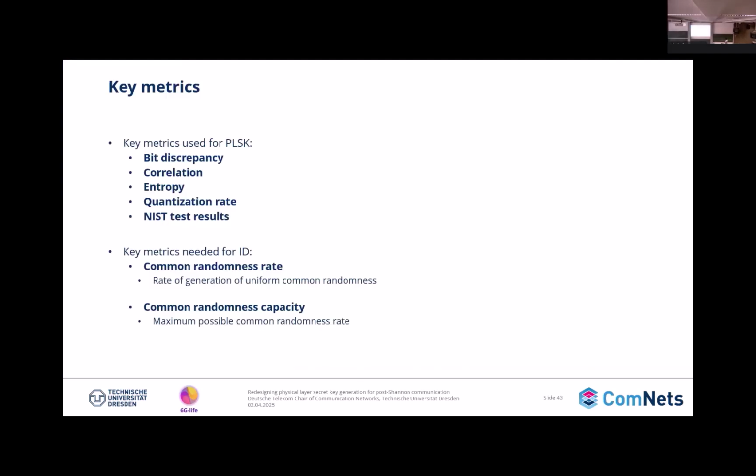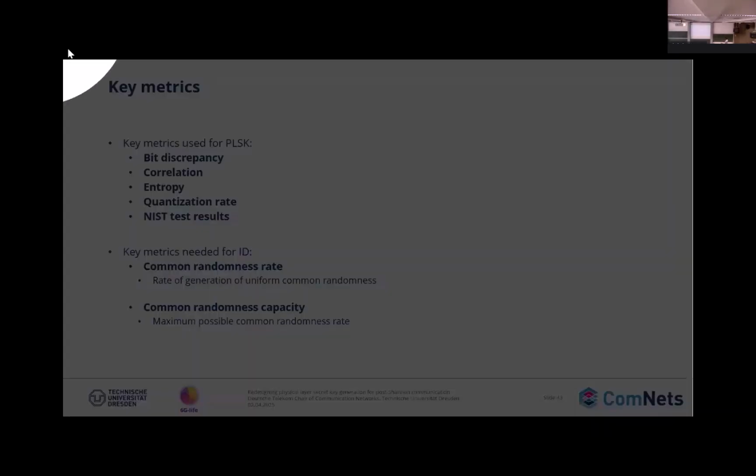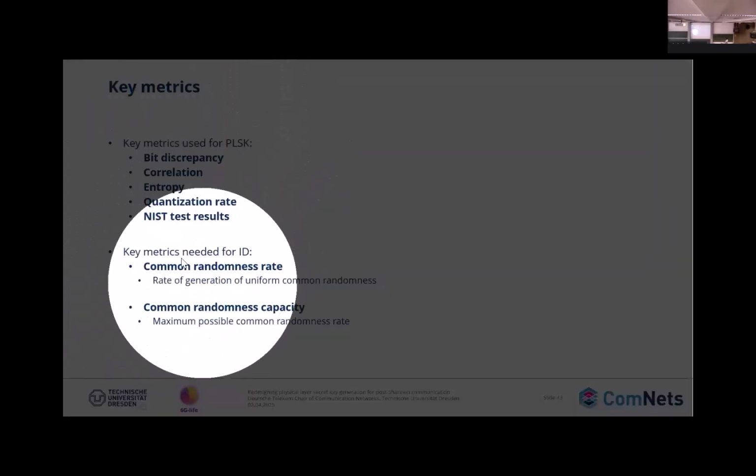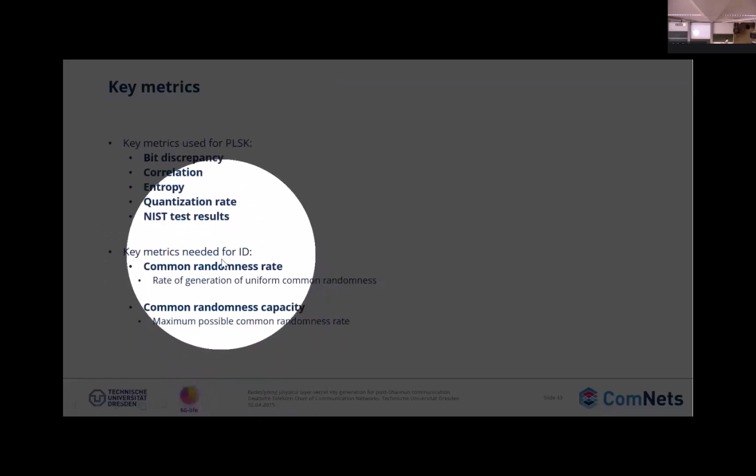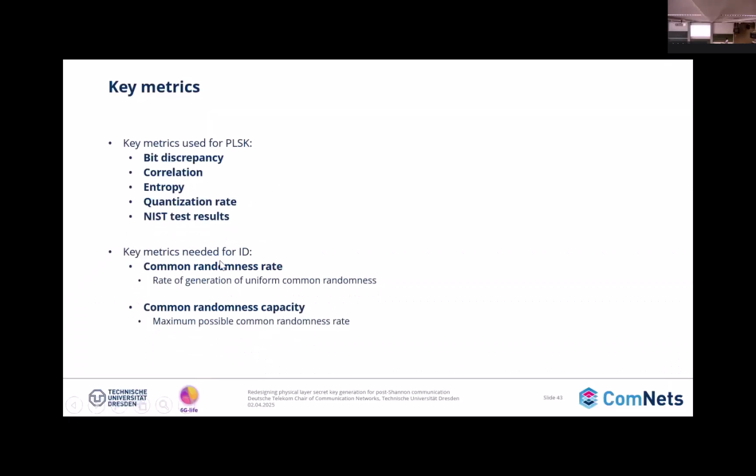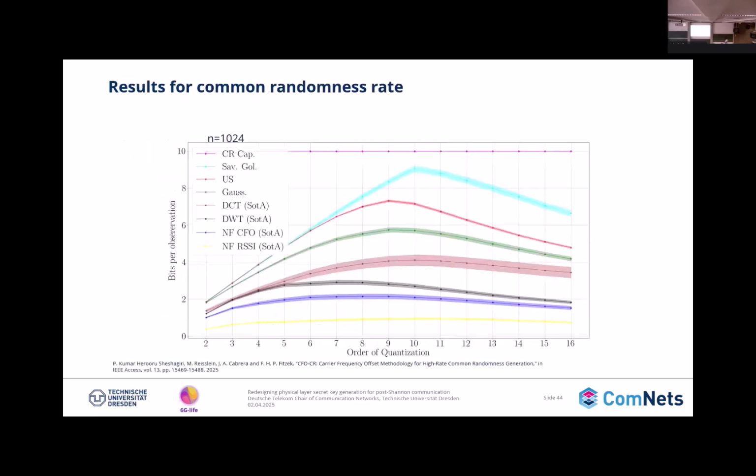So for the results, we already know some of the key metrics that are already used in PLSK schemes, but we are not interested in that. We are more interested in identification. So we evaluated the common randomness generation scheme using these two factors, which are the common randomness rate and the common randomness capacity.